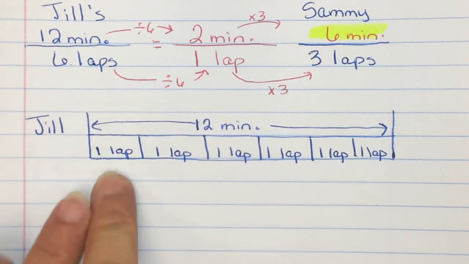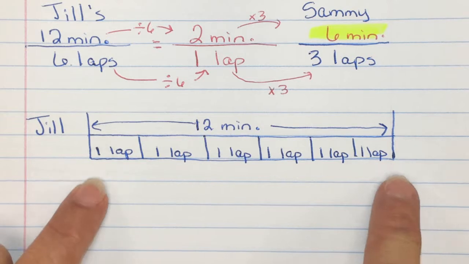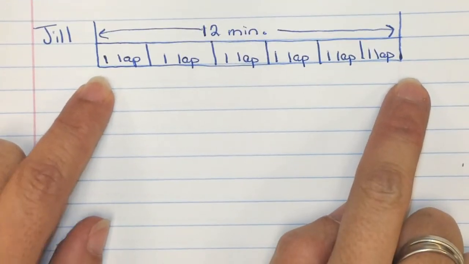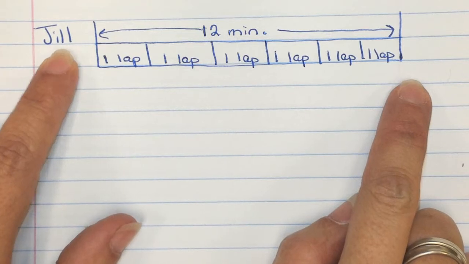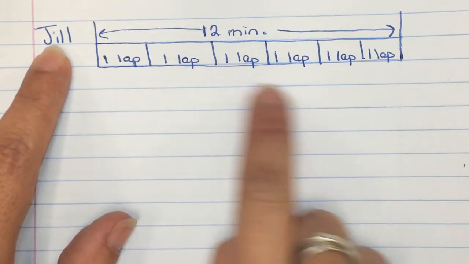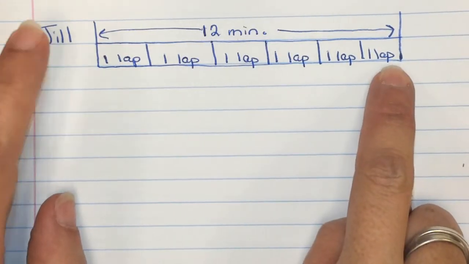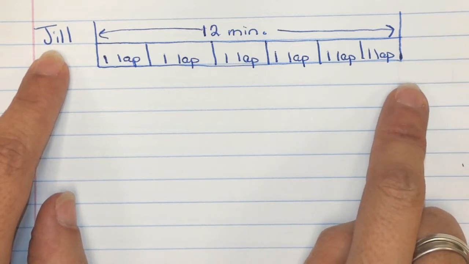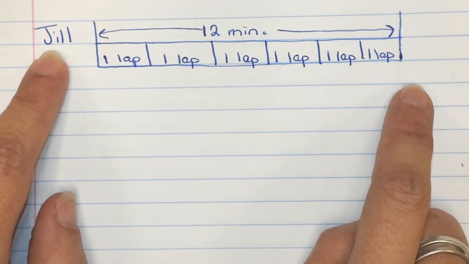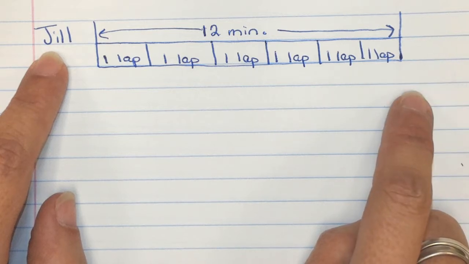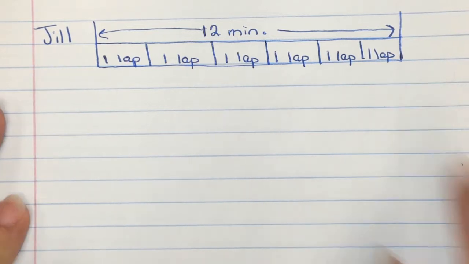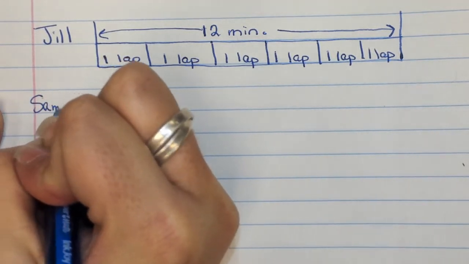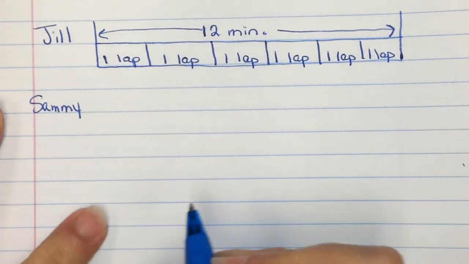So what you've just done right here is created a tape diagram to represent the rate of Jill. This is a representation or a model of what Jill did with her laps. What they want us to do now is create a tape diagram of Sammy and show how they are equivalent or equal.